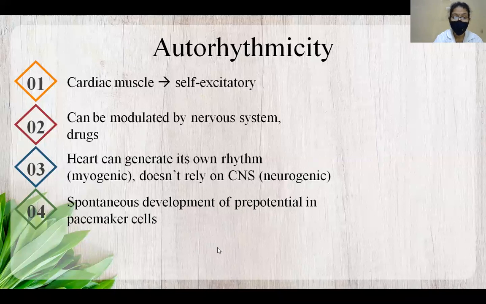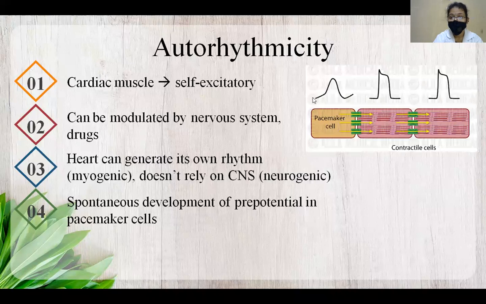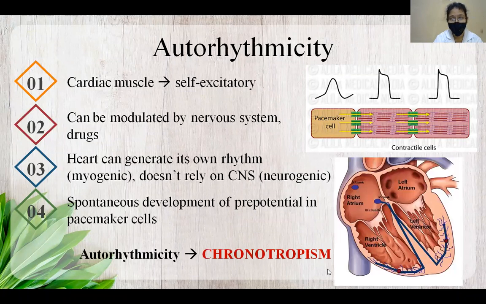There are special cells called pacemaker cells where there is spontaneous development of a prepotential. Whenever these prepotentials are generated, they lead to the generation of an action potential. Once a prepotential reaches the threshold, it fires as an action potential and then repolarizes. This is a typical pacemaker cell.